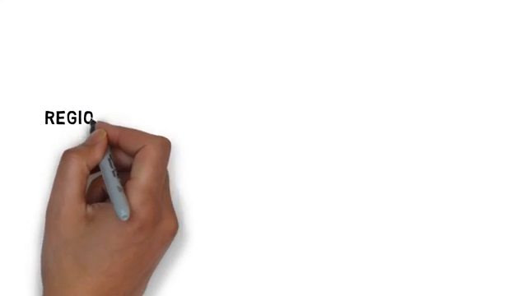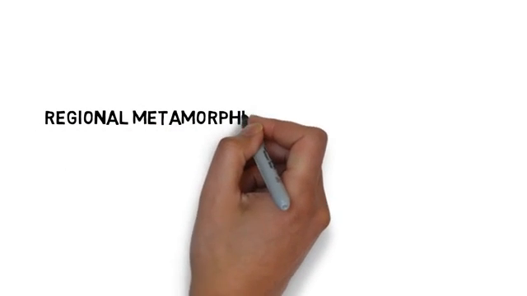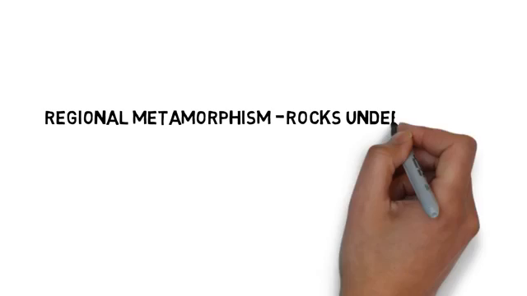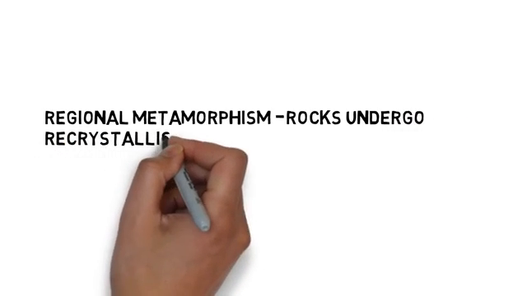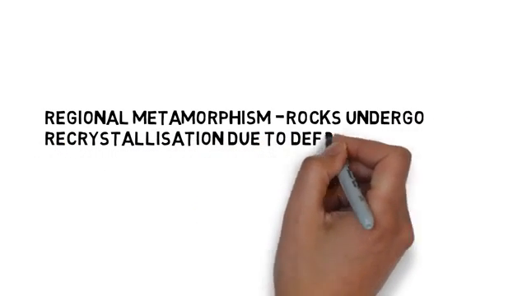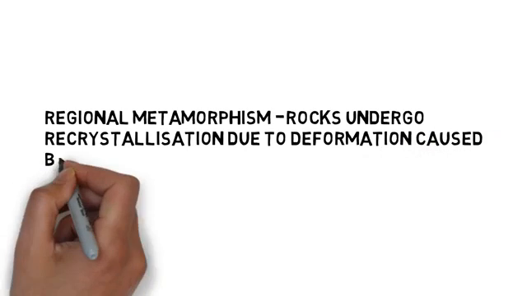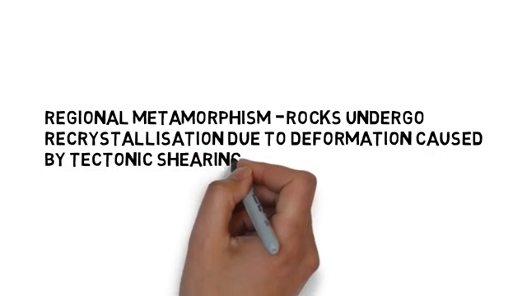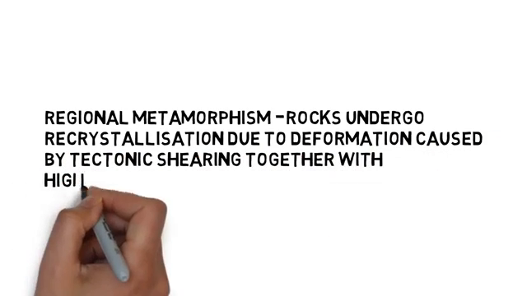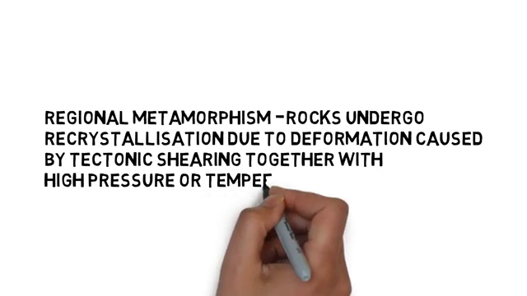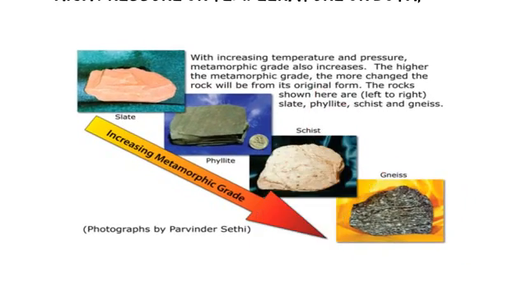Second form of thermal metamorphism is regional metamorphism, wherein rocks undergo recrystallization due to deformation caused by tectonic shearing together with high pressure or temperature, or both. In this image you can see how with increasing temperature different grades of metamorphic rocks are formed, from slate to phyllite to gneiss.